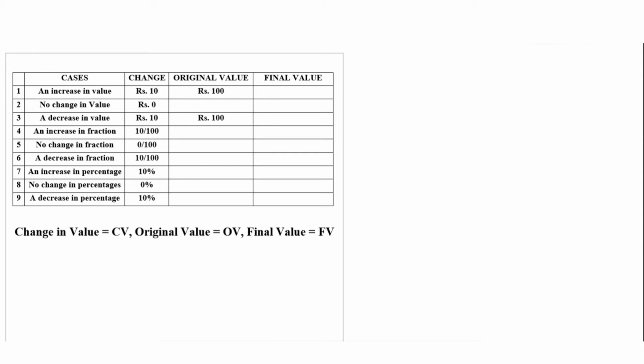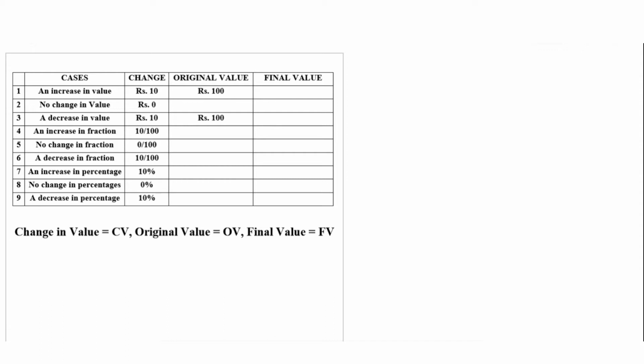Going to the next level, out of these 3 values, which is CV, OV and FV, exactly 2 values should be known to us to find out the third value. Incidentally, here we are interested in finding out the final value.